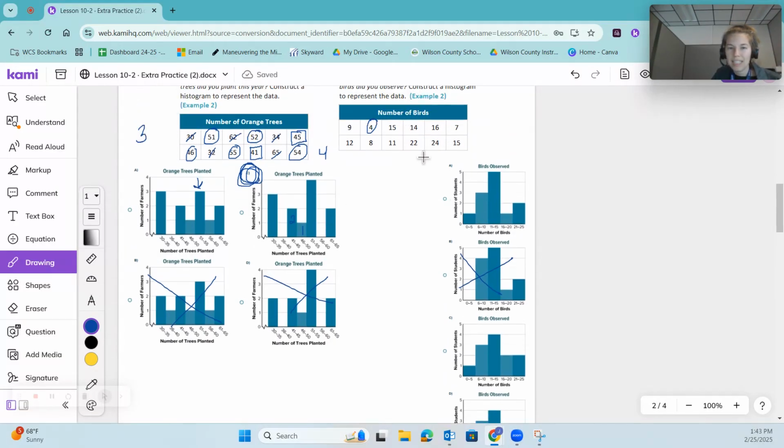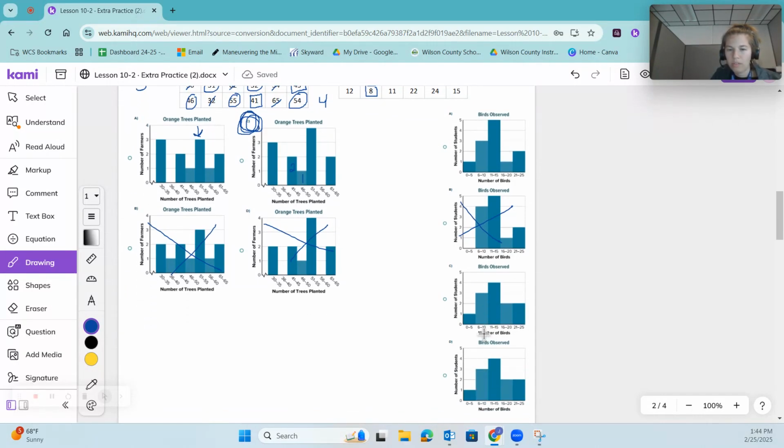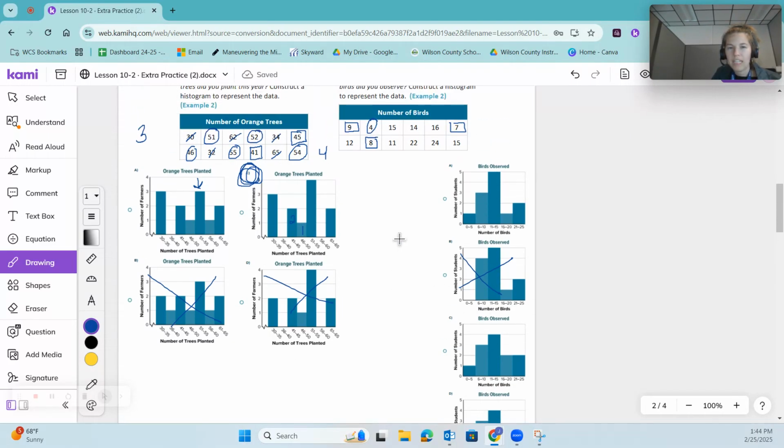Then between 6 and 10, I have 1, 2, 3. All of them have 3. So let's go to 11 to 15.